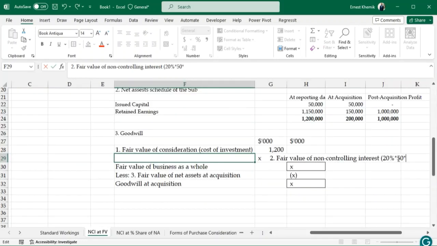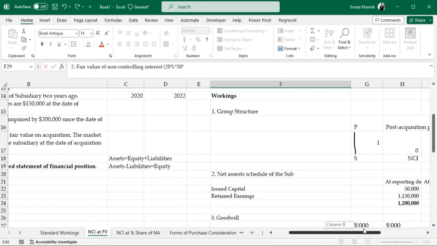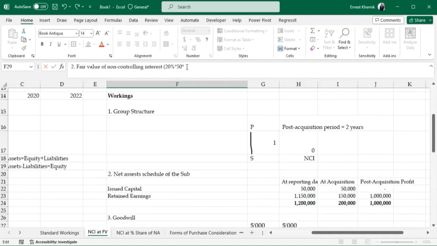Then we multiply the result by the market value of one share within the subsidiary at the date of acquisition, which has been given to us to be $29.60. So I'll come here and write 29.60.